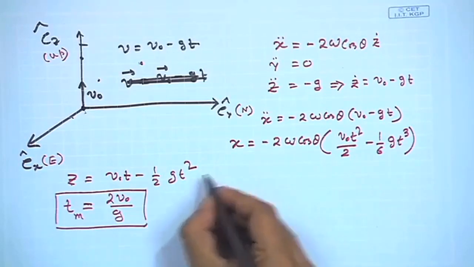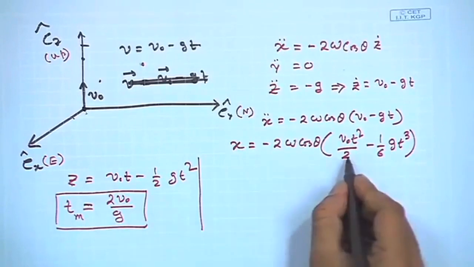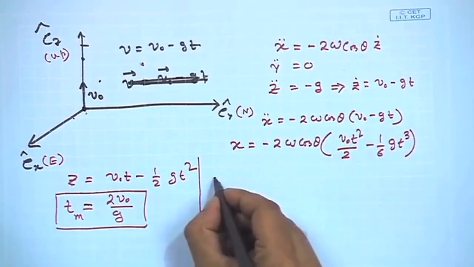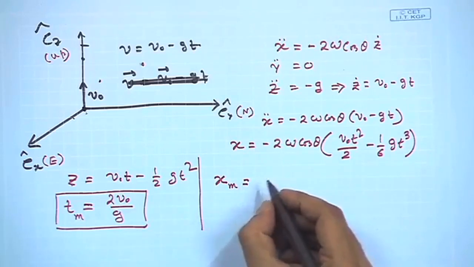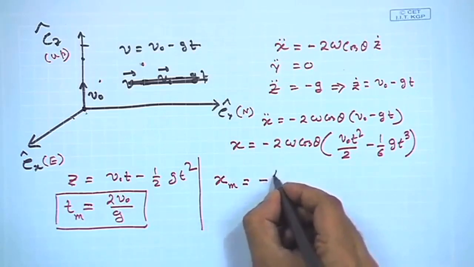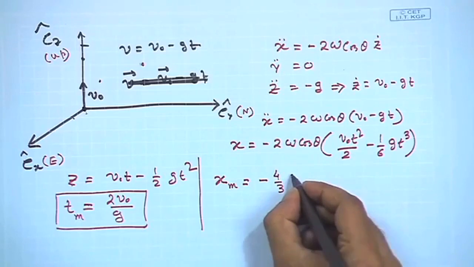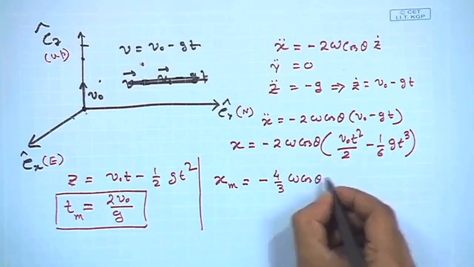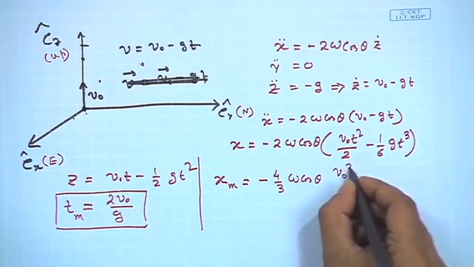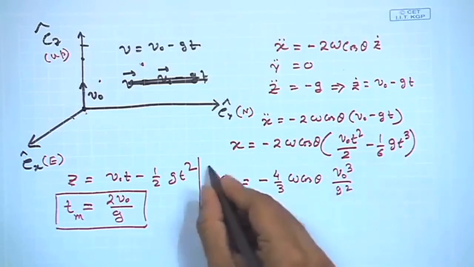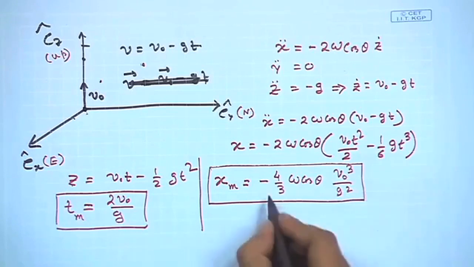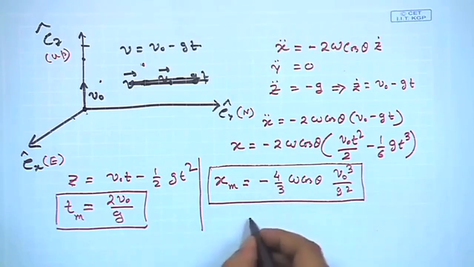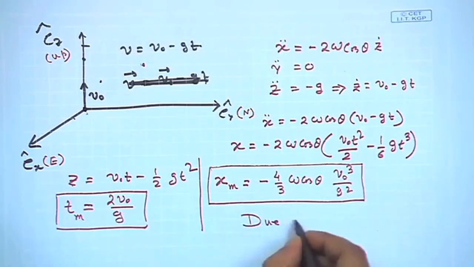When we put this into the relation for x, we get the total maximum deviation, minus 4/3 omega cos theta V 0 cubed by g square. This is the final answer, and because of the minus sign, this deviation is due west.